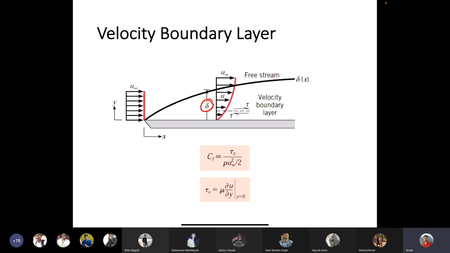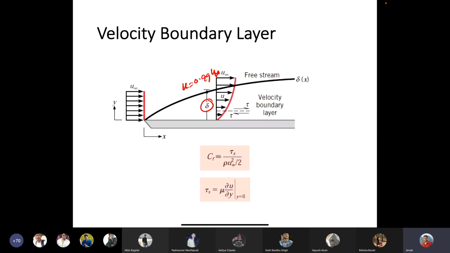Okay. So the point that I mentioned is that this quantity delta is the boundary layer thickness, and it's typically defined as the value where our velocity u is 0.99 of the free stream velocity.